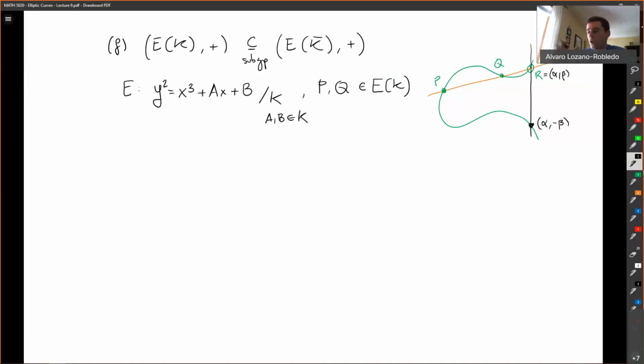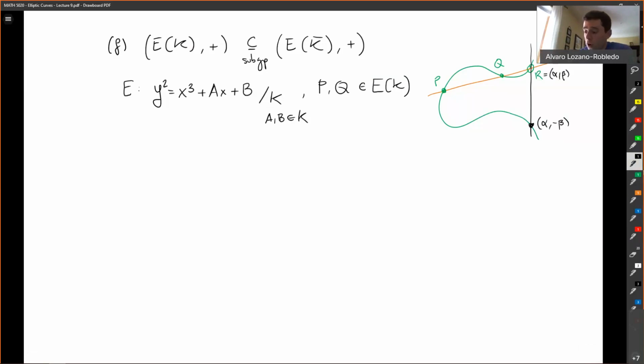In long Weierstrass form it is actually just like that also, but minus a1 x minus a2 or something. So it is still a point over K.